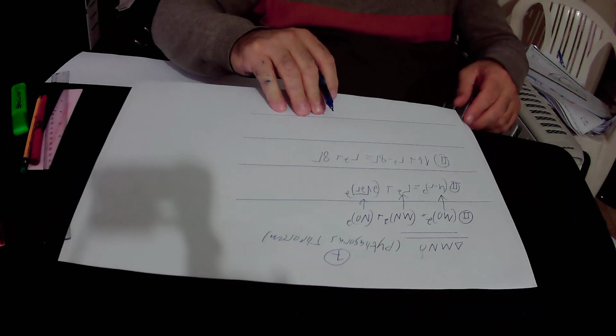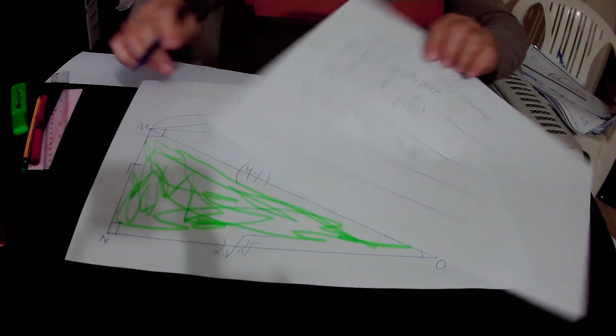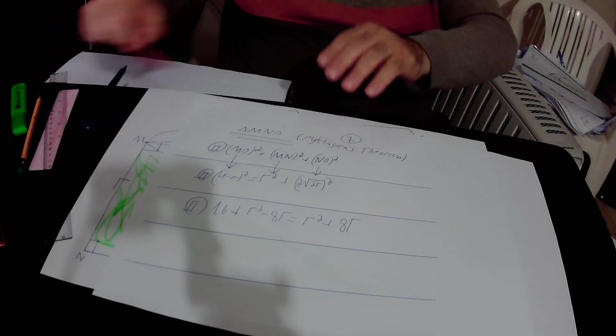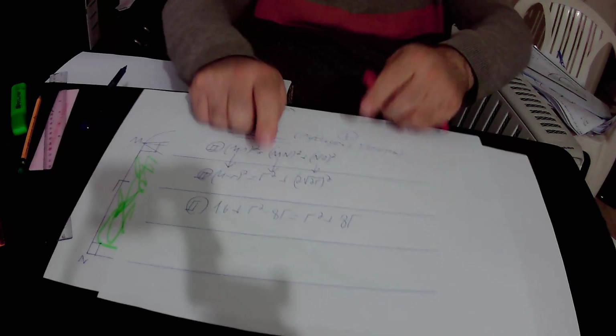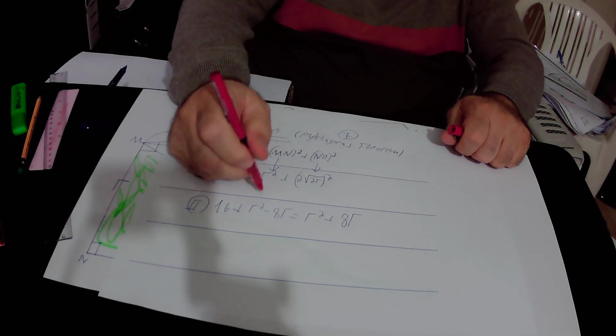So here we have R square on both sides of equation number 2, so R square will get cancelled.